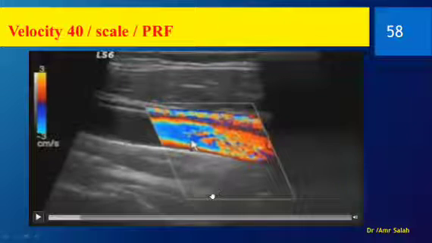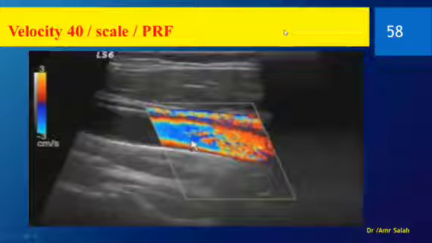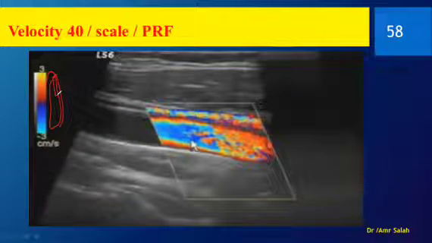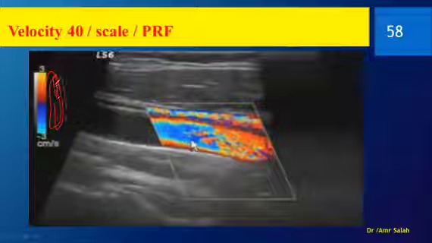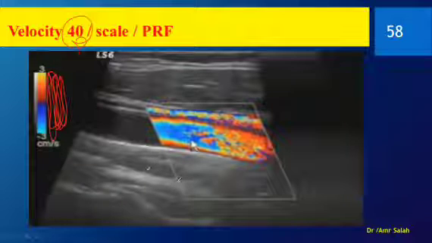We'll have a myriad of color, aliasing, because the velocity here would make rounds: it will finish here and start again from below, and again and again, because the velocity of the blood here is 40. So it will start here and here and here, producing this intense aliasing. It is too fast for this BRF.